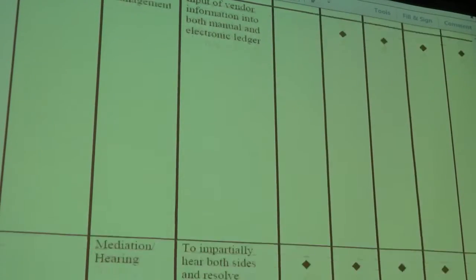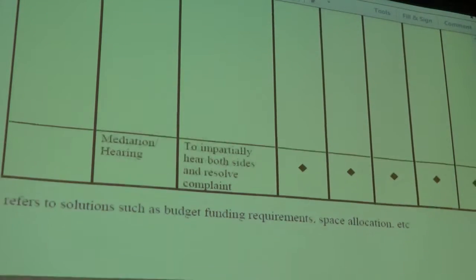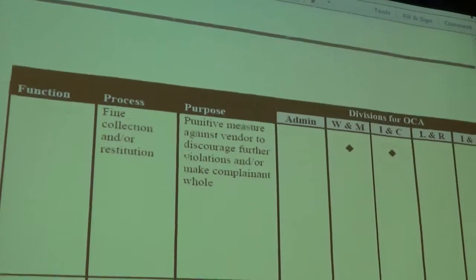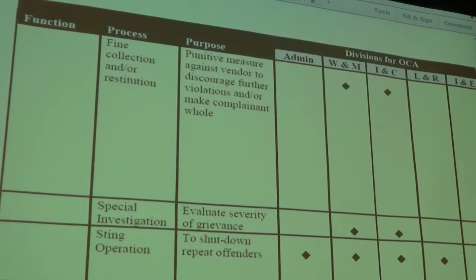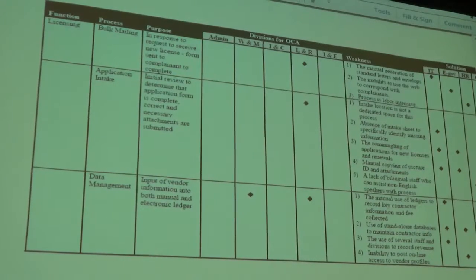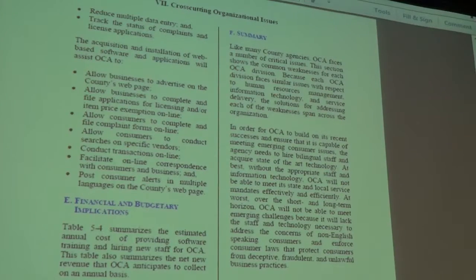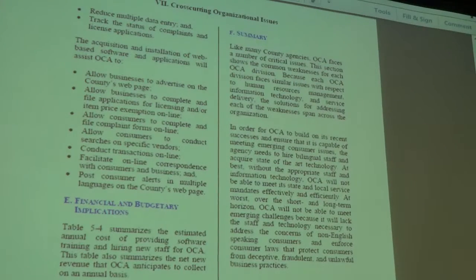So we looked at it for each function. We looked at the process, each division, and all the weaknesses. And what's the best way to then solve the problem? Those are all the cross-cutting issues.